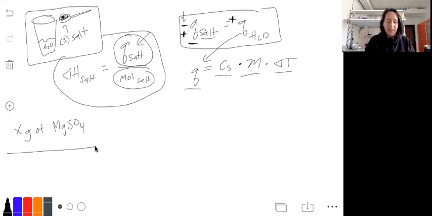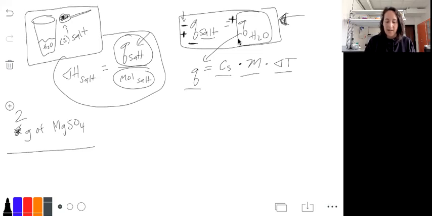If I had about 2 grams of magnesium sulfate and dissolved it in the solution, I saw the temperature of the water increase. So I can, using this relationship, figure out how much heat the dissolving of the salt released by looking at the water.